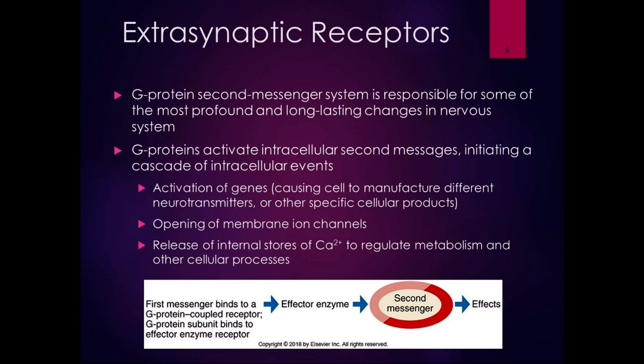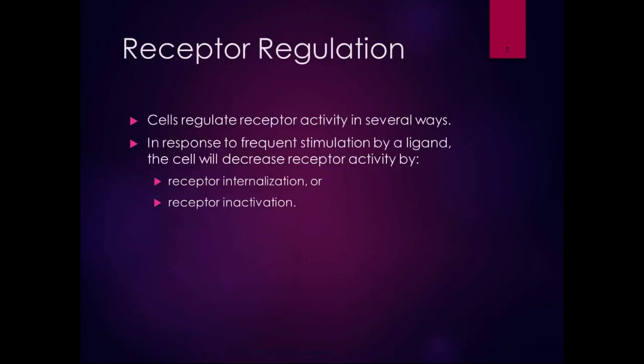That is actually the definition of neuroplasticity: being able to change the action, the function, or the chemical profile of a neuron. If we are using G proteins to activate genes to cause the cell to manufacture different neurotransmitters, we're changing the function, and we're able to change our nervous system. That is a hugely powerful tool to have at our disposal.